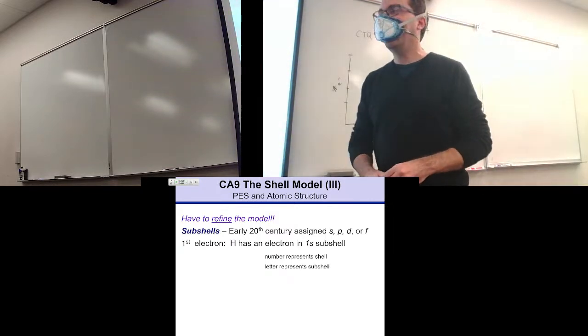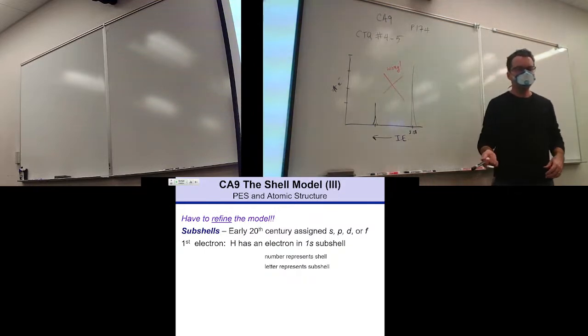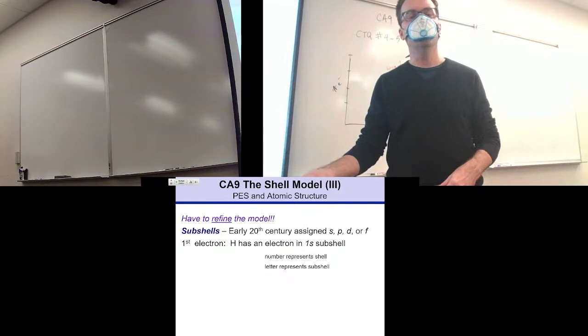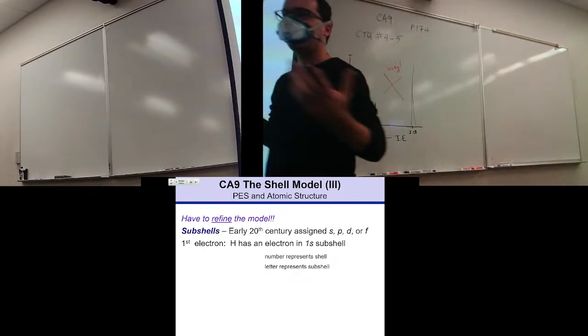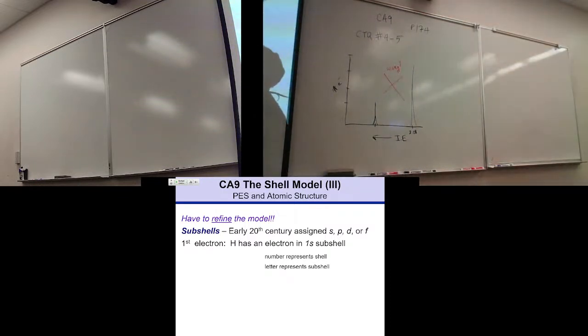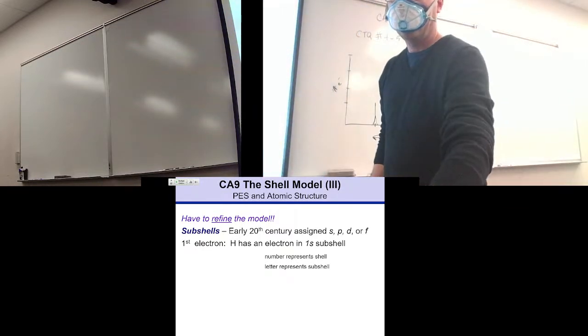So for hydrogen, not only is the electron in the first shell, it's also in the subshell S of the first shell. So we would say that the electron is in the 1s subshell. That's a combination of the shell number and the subshell identification. So 1s. That's where the first electron from hydrogen is.